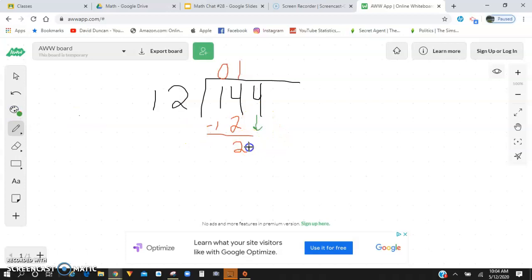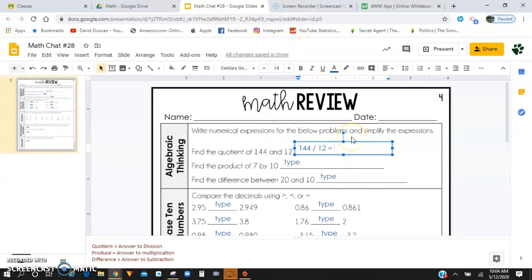How many times can 12 go into 24? It can go in there 2 times with none left over. So I'm going to subtract 24. 24 minus 24 is a whopping 0. So that tells me my overall quotient is going to be 12. So I'm going to go back here to my math chat and say 144 divided by 12 is 12, or the quotient of 144 and 12 is 12.